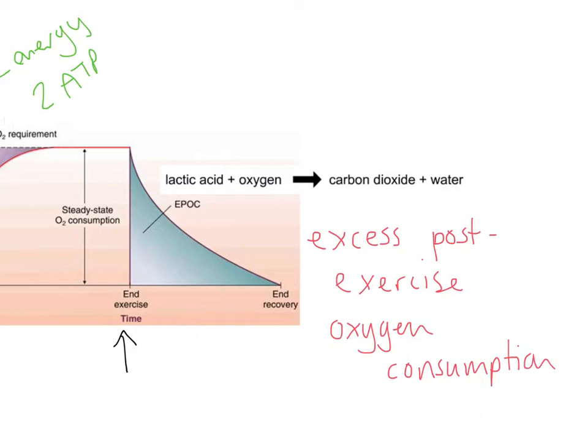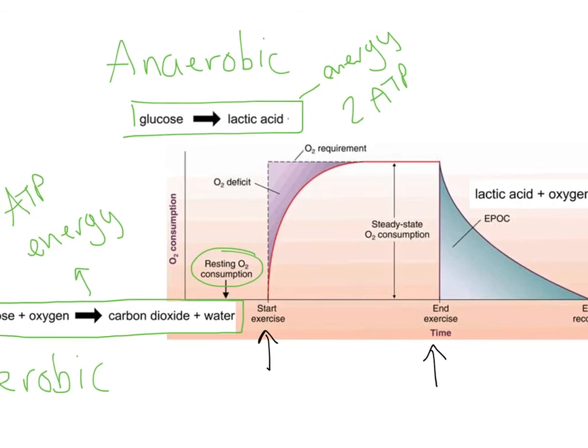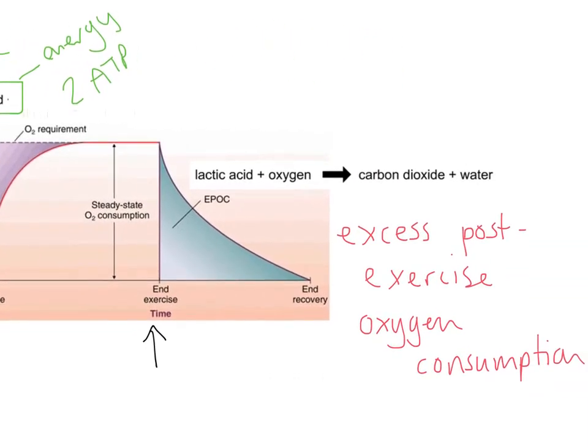And what that really means, if you think about it, is that this black line, remember, was the amount of oxygen that you needed when you were at rest. So any oxygen you're consuming above that amount, all this bit here, must be excess. And we finished exercise, so it's excess post-exercise oxygen consumption.